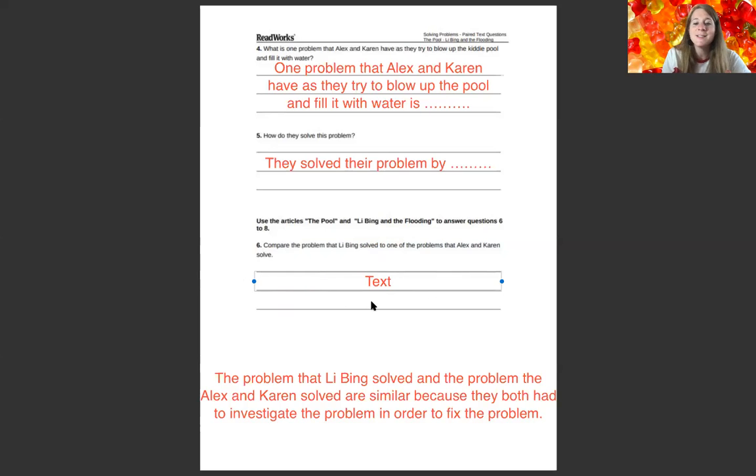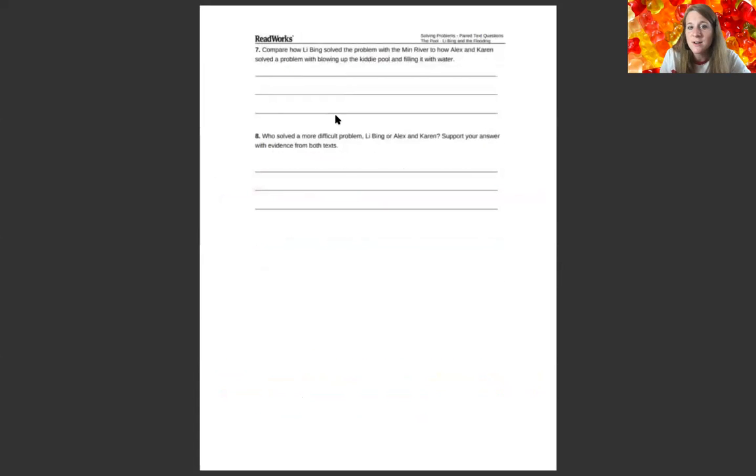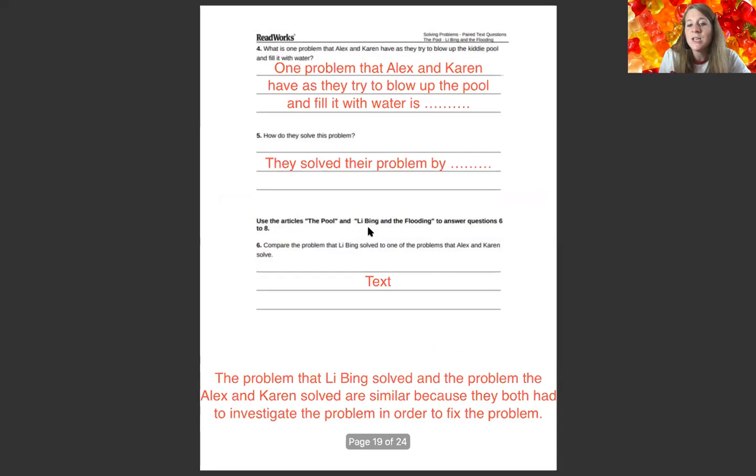So now let's think, because we just answered this. We're comparing how they solved the problems. Well, we just compared how they solved them. They had to investigate them first before they could solve them. Now we have to actually compare the problems, okay? Or compare the flooding problem to one of the problems that Alex and Karen had. So, let's see here.